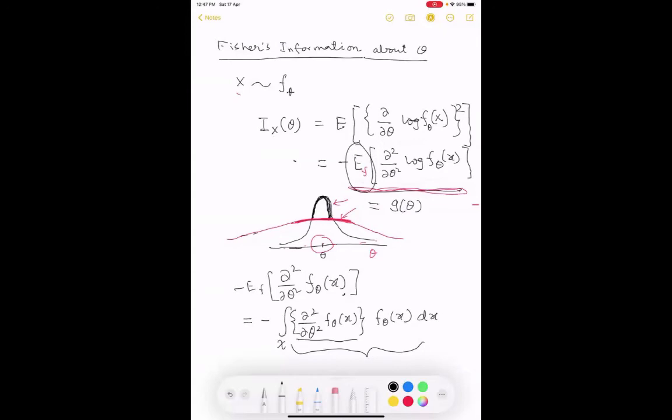Right. If you are saying that theta equals 1, I have 100% probability mass and 0 everywhere else, I cannot even take a differentiation on that, because you know everything about theta.